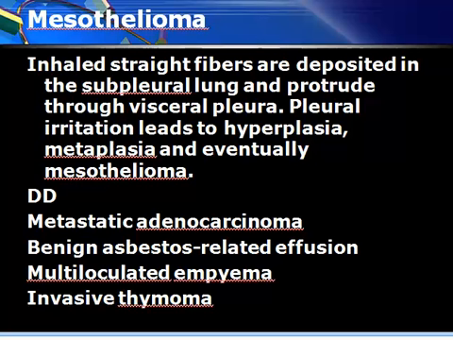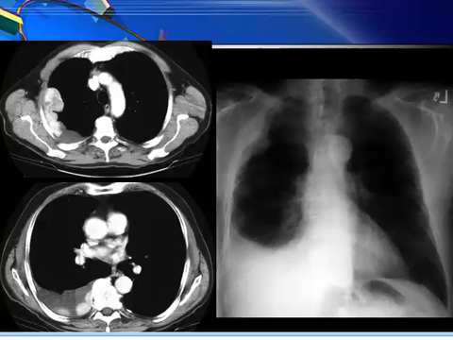Here we have bossy outline of the pleura, and these are the typical nodules in pleural mesothelioma with associated effusion. Of course, we can say that it is encasing the lung.